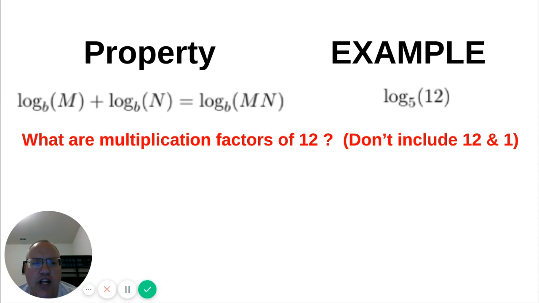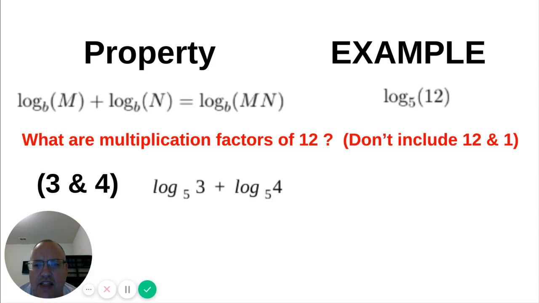Later, you can think about factors involving 1, but for right now, we're not going to do it. Let's think about our factors. We know that 3 and 4 are factors of 12, which means I can say the log base 5 of 3 plus the log base 5 of 4 is equal to the log base 5 of 3 times 4.